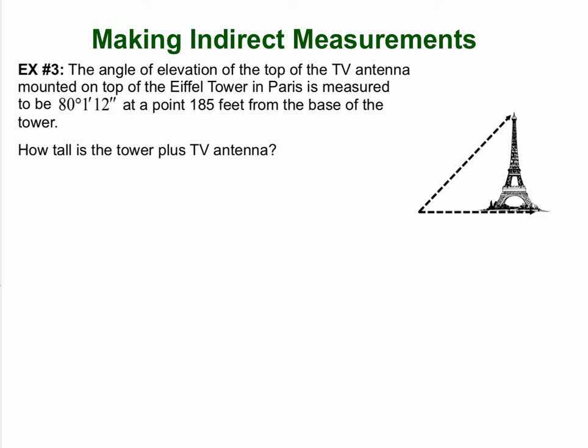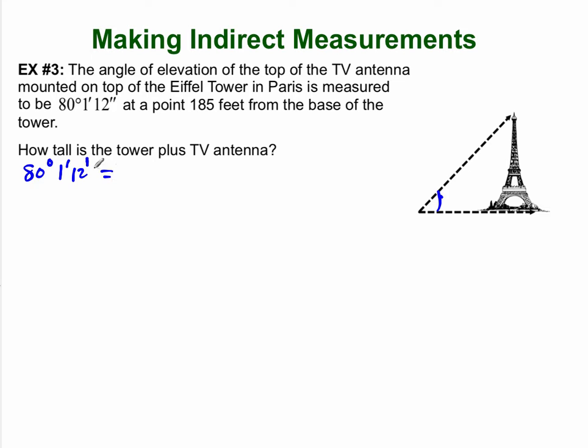Now, sometimes you need to make an indirect measurement. So the angle of elevation of the top of the TV antenna mounted on the Eiffel Tower is measured at an angle of 80 degrees, 1 minute, 12 seconds. Now, whenever you're given an angle like this, you need to convert it to degrees.